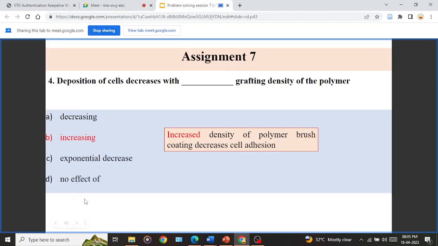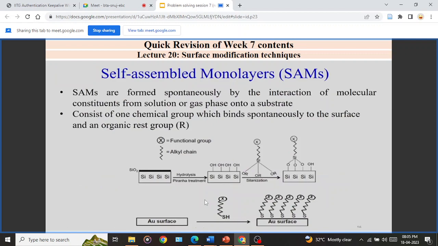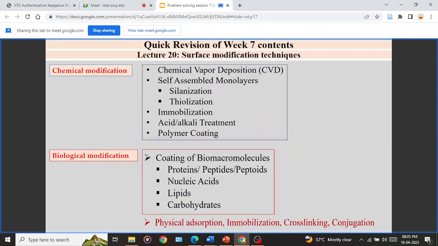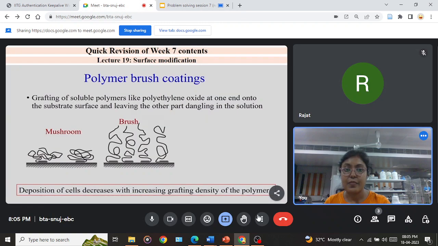Let me check it once. As you can see from this figure, in the case of brush-like polymer coatings, the distance between the two polymers is less, whereas in the case of mushroom-like polymer brush coatings, the distance is more.